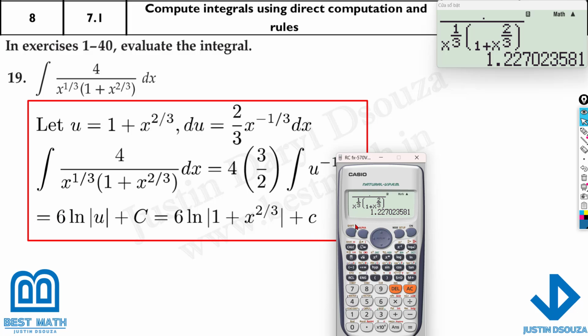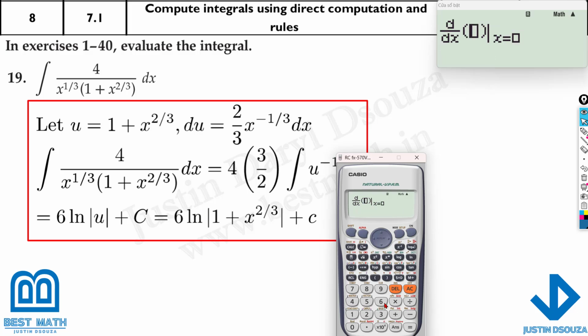Now this entire answer must give us the same. See over here, this is the answer. It was done by U substitution, and then over here we get the answer. So shift dy by dx, 6 natural logarithm. Make sure you press shift and absolute value. Now 1 plus x power 2, divided by 3. It's not this, it's the power that is divided.